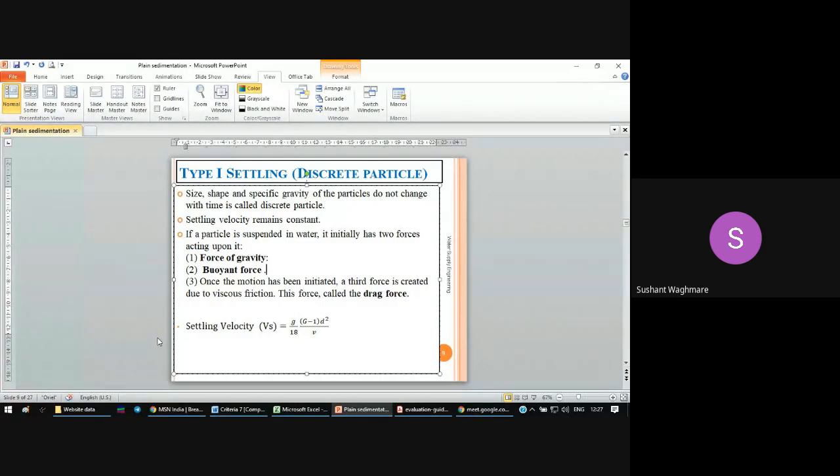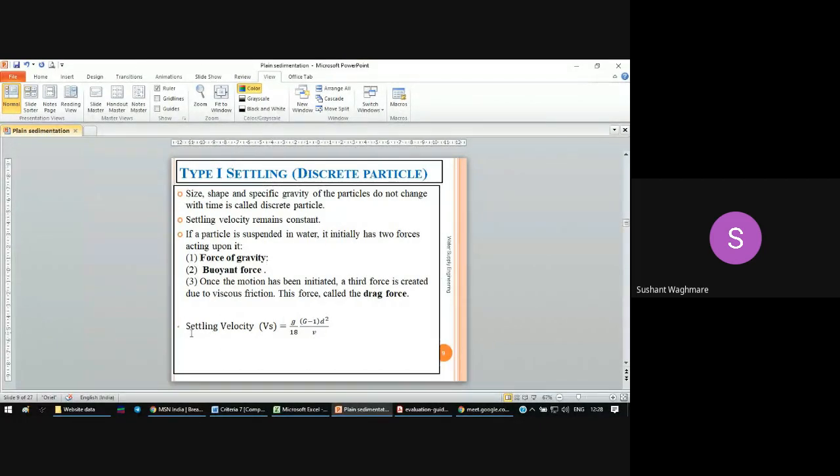Then d is the diameter of the solid, and as we are assuming that the particles are of circular or spherical dimension, we are considering the diameter, and lastly v, which is called the kinematic viscosity of fluid. So if I know everything, G, the specific gravity of the particle, is known, the diameter of the particle is known, and the kinematic viscosity of the fluid is known.